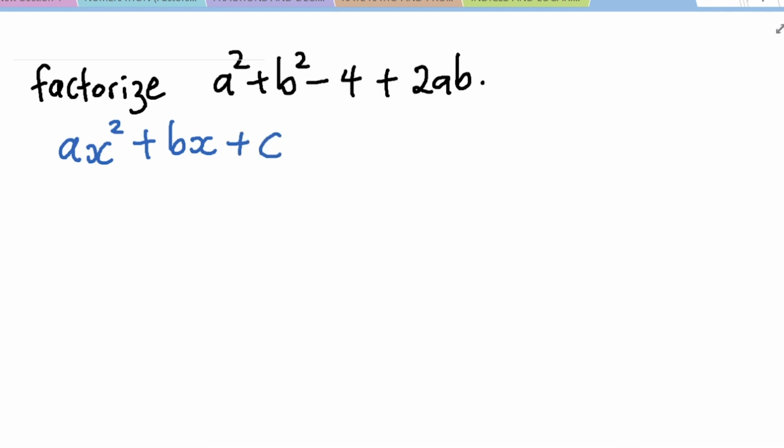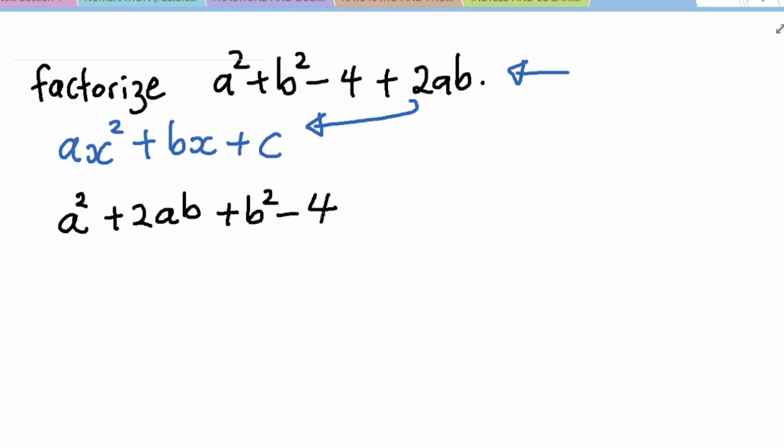So now I am going to rearrange this expression so that it looks like that expression. So in rearranging it, I say it is a squared plus 2ab plus b squared minus 4.